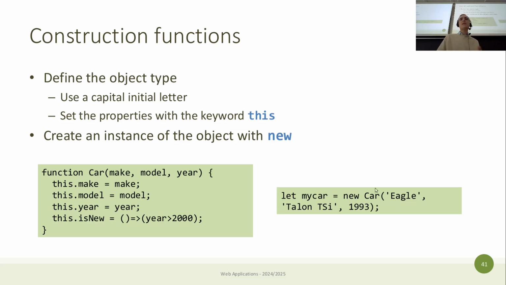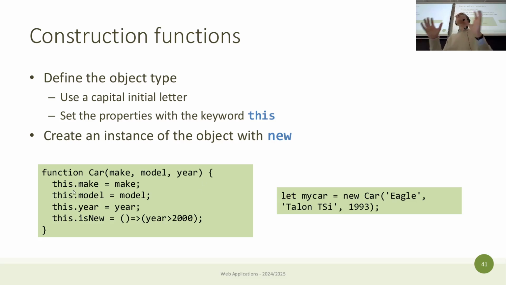So what's the difference between calling a function with new and just calling the function without new? If you call the function without new, nothing happens here because there's no return value. If you call this function with new, it will return a new object, like you do with a new instance in the object-oriented programming fashion. And the new object is also already visible in the code of the function through the this keyword.